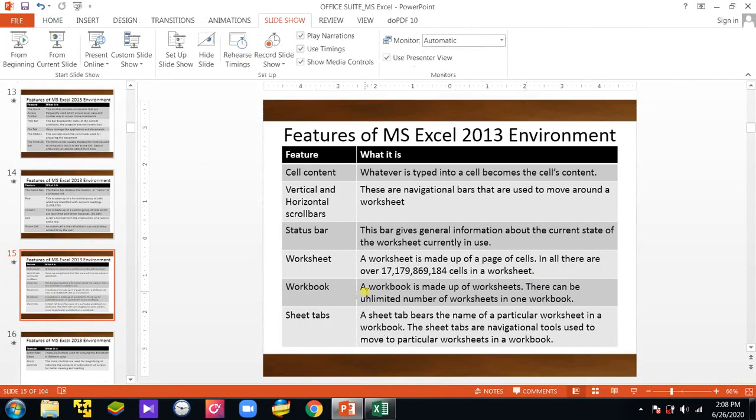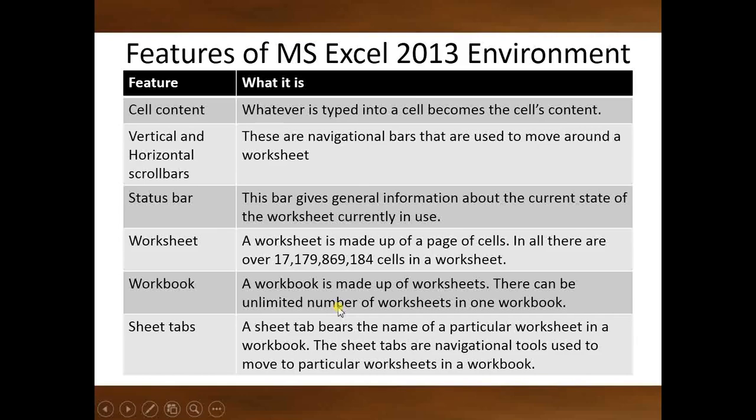Then we have a workbook. A workbook is made up of worksheets. So a number of sheets put together form what is known as a workbook. Now note that the name of the file we create in spreadsheet programs is also referred to as a workbook. Why? Because a workbook contains what? The worksheets.